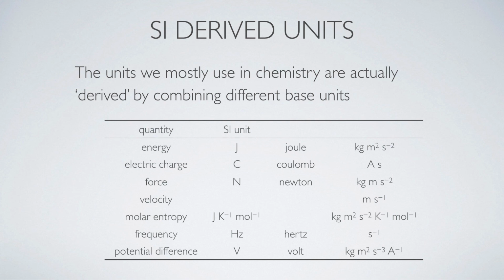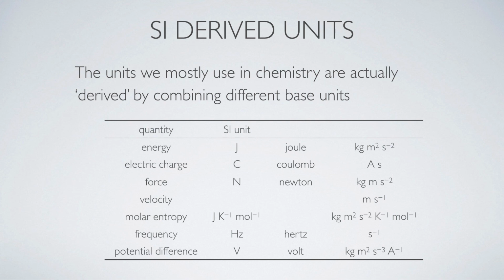And a joule is made up of a kilogram, metre squared, per second squared. Electrical charge, for people who do electrochemistry, is an amp second and has the unit coulomb. Force, when we're trying to apply a force to compress a gas or something like that, is measured in newtons, and a newton is a kilogram metre per second squared.